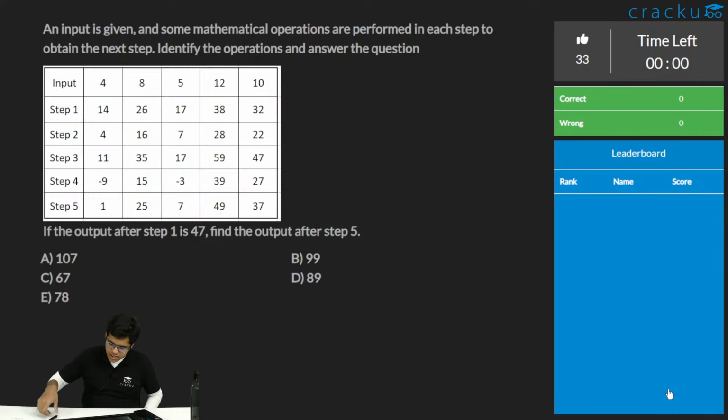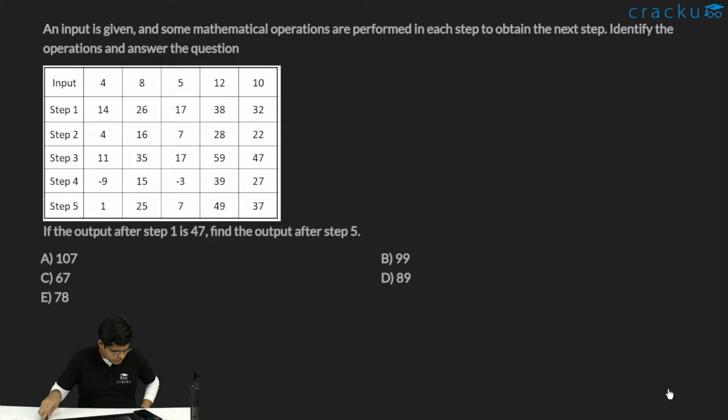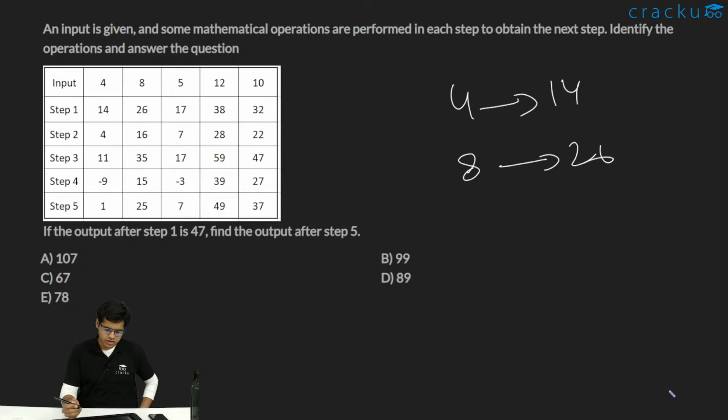Okay, let's understand this from the start. Let's see, guys. Not a very hard one. I mean, not hard, but again, not easy also. Let's see. 4 is getting converted to 14. 8 is getting converted to 26. 5 is getting converted to 17. Now, what is 14? 14 is 3 into 4 plus 2.